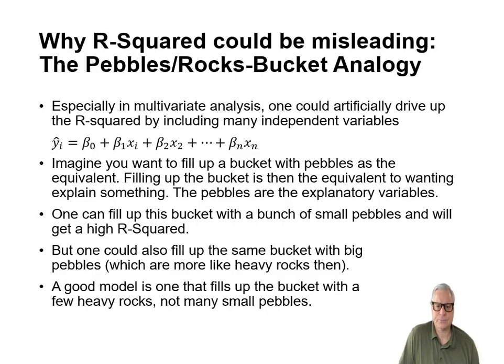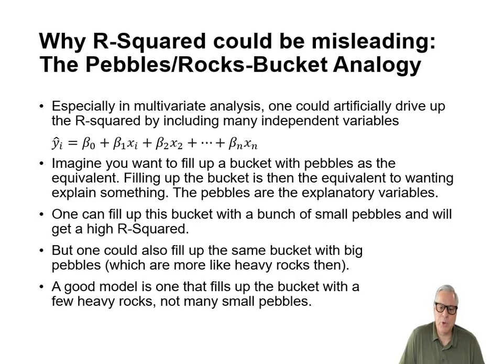The way you can think of regression analysis is that you want to explain something, and explaining something is like filling up a bucket with pebbles or rocks. The pebbles are the explanatory variables, and how much you can fill up the bucket is how much you can explain with your pebbles.